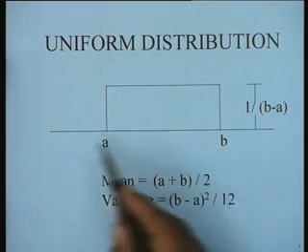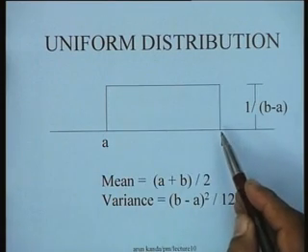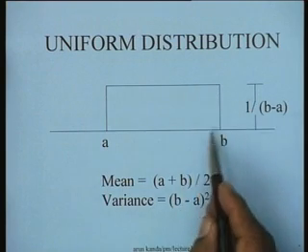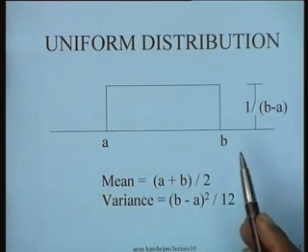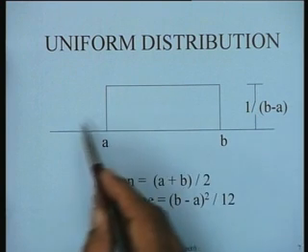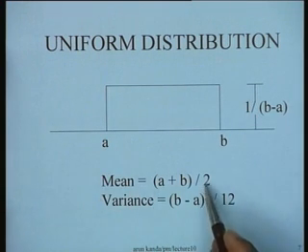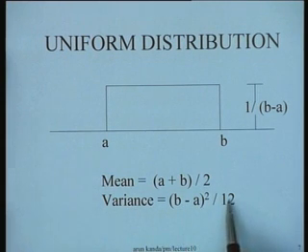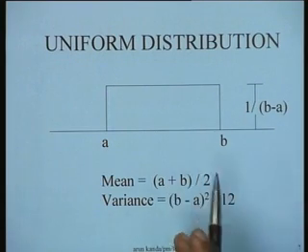So the probability density function of this distribution would be a simple rectangle of this shape, and you can see that because the area is 1, this particular height of the rectangle would be 1 upon b minus a, and therefore the PDF of this distribution is completely defined, and the mean of this distribution is simply (a plus b) by 2, and the variance is (b minus a) whole square by 12. And these results could be utilized if we were to use a uniform distribution instead of a beta distribution.